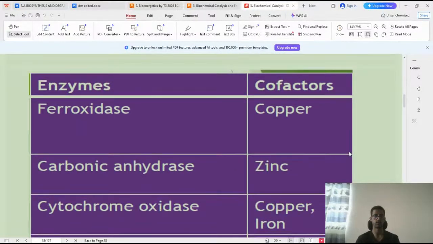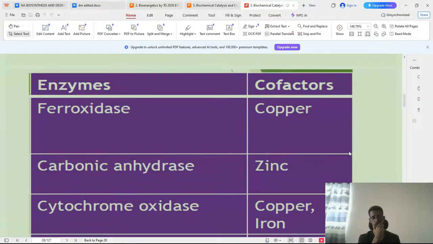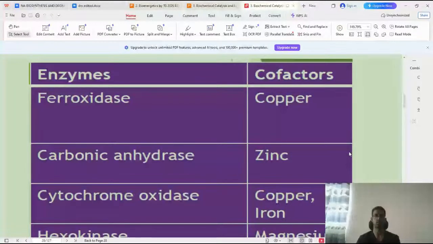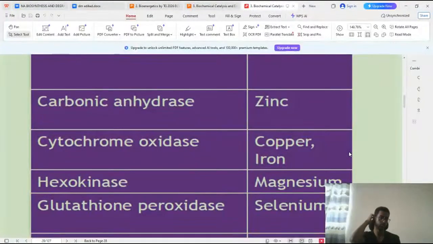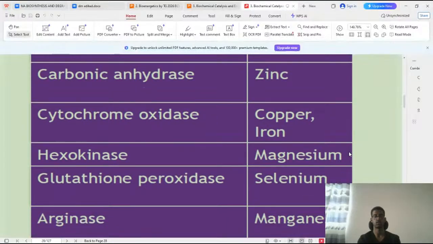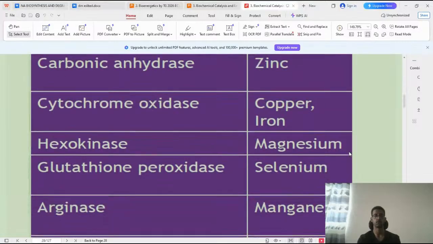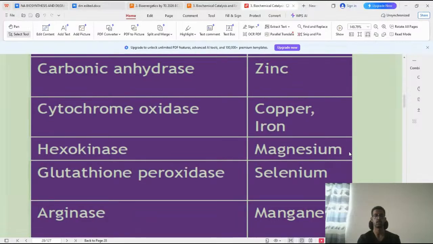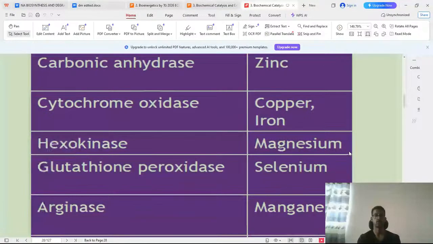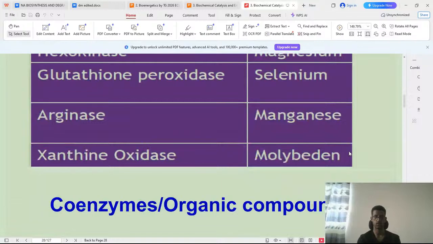Hexokinase, which converts glucose, magnesium, along with ATP. Glutathione peroxidase, selenium. Arginase, manganese. Xanthine oxidase, molybdenum.